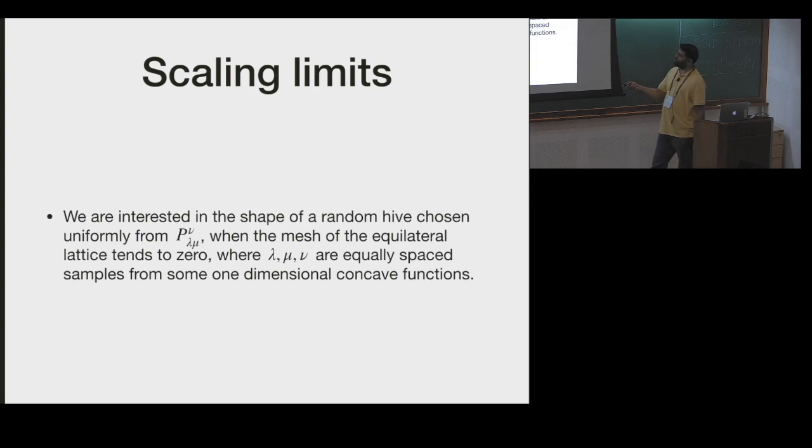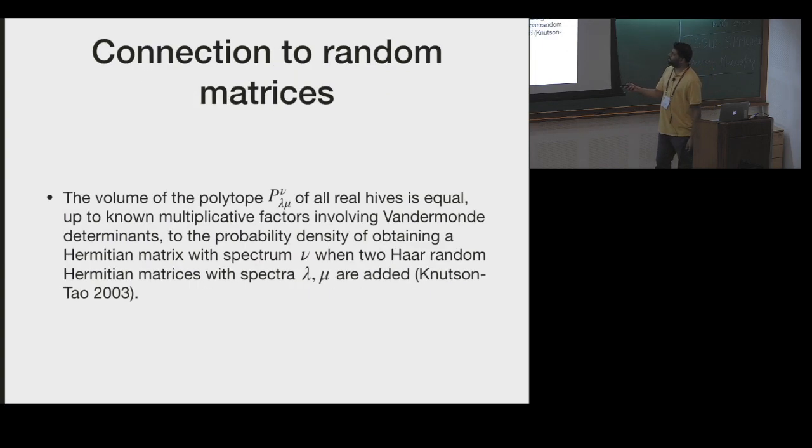So in free probability, one does things like takes two Haar random matrices of very large size, adds them, and there's a result which says that the spectrum of the sum converges in some sense to a fixed spectrum. So this is related to that, although this has a lot more information in some sense than just the convergence, because this is talking about even very unlikely mu's. It gives information about even very unlikely mu's because of the volume of this polytope.